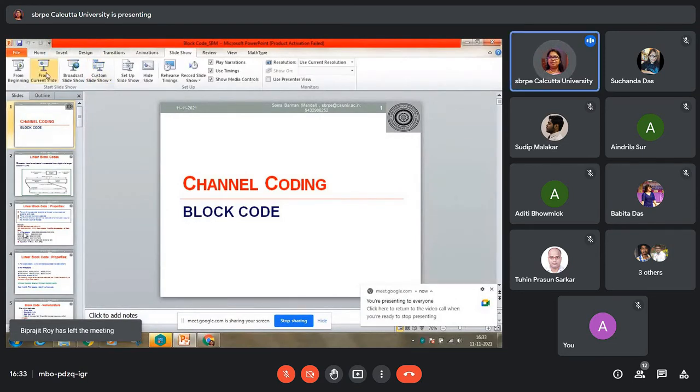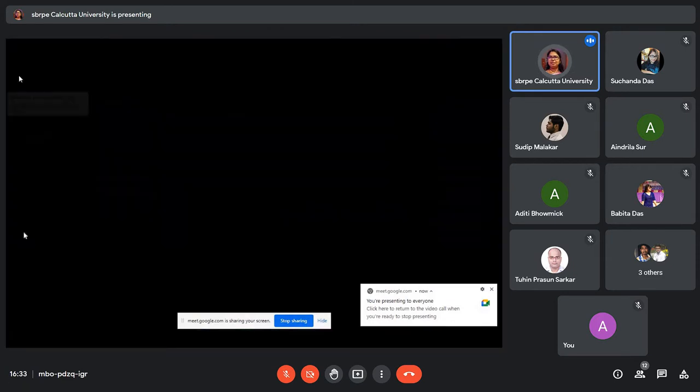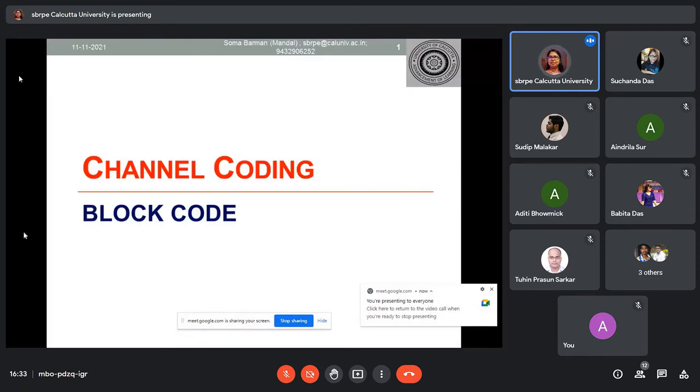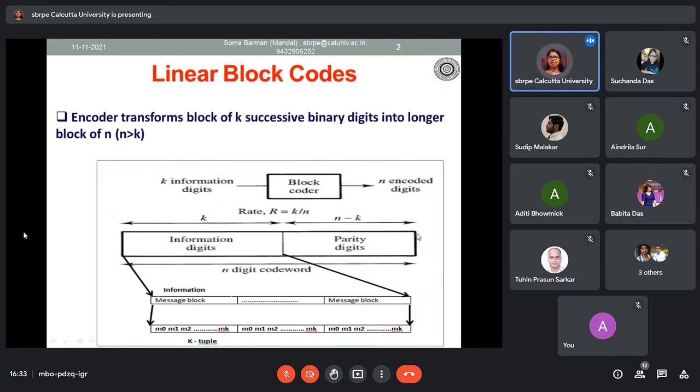So this is our first channel coding technique, block code. I think some of you have already studied the block code, so maybe this is a repetition of that. In case of block code, it's a linear code.